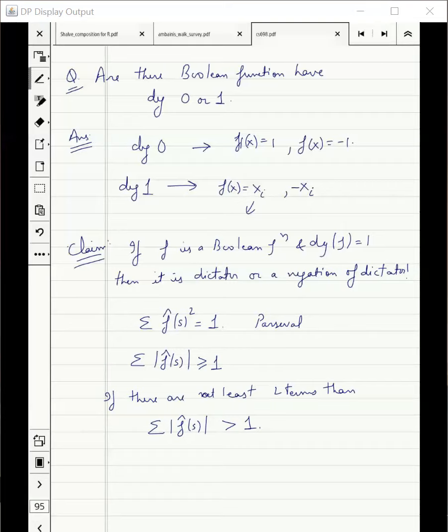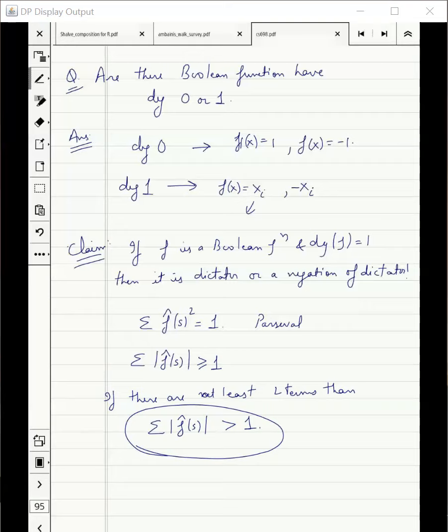I'm not sure whether you didn't get it or it's too simple and that's why you're not saying it. Is this clear? Is there anyone for whom this is not clear? Okay, good. So now the summation of f at s is greater than 1.